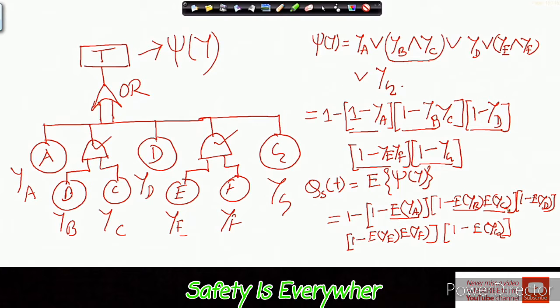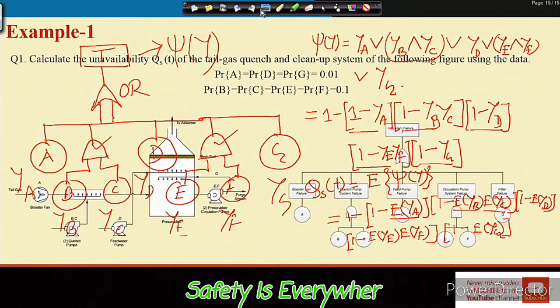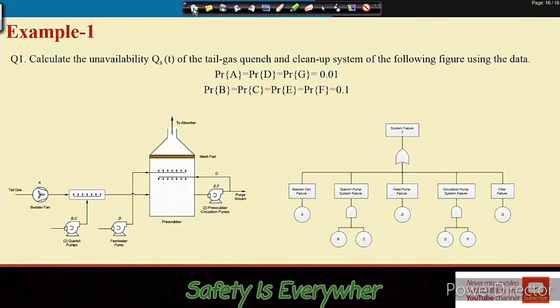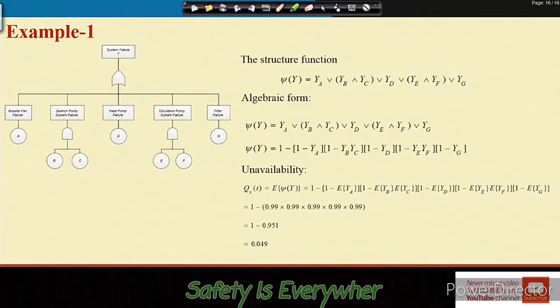If we go to the question, we can see that the probability of A is 0.01, D and G are the same, and the probability of B, C, E, F is 0.1.